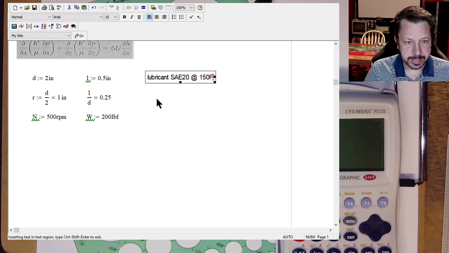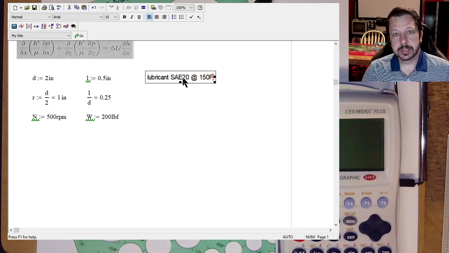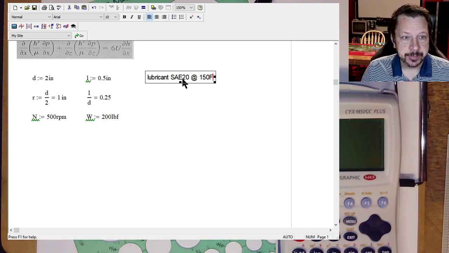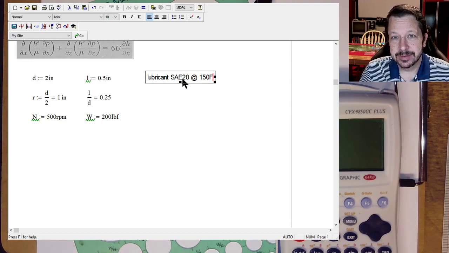150 degrees Fahrenheit. So these lubricants, these oils, whatever it happens to be, they change viscosity with temperature, and so I need to know what temperature I'm running this fluid at. There's not a super easy way to get this 150 number because you have to know a lot about the machine that's running this.